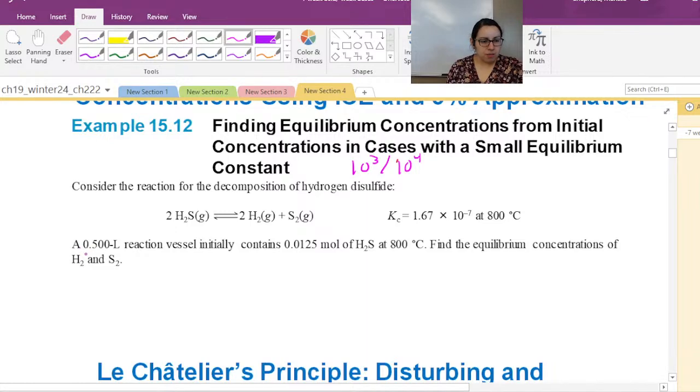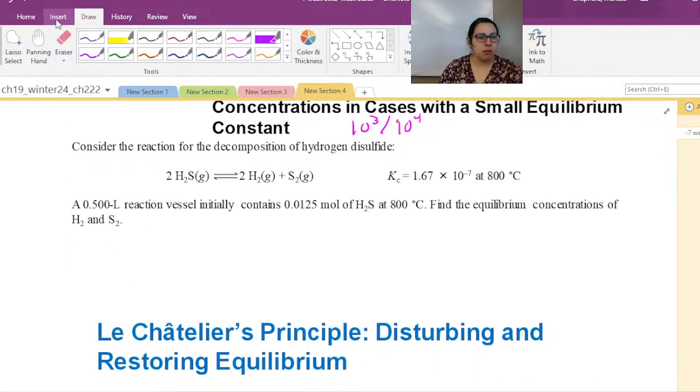So we have a 0.5 liter vessel, has 0.0125 moles of our hydrogen sulfide at 800 degrees Celsius. And then it seems to decompose into hydrogen and disulfide. And so find the equilibrium concentrations of H2 and S2.